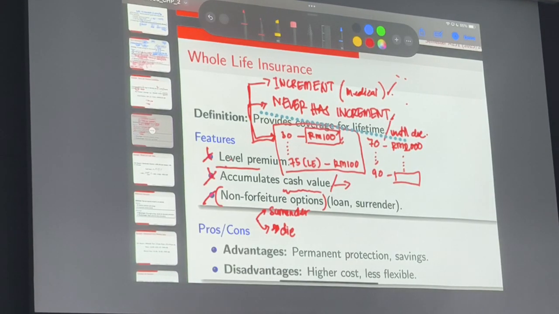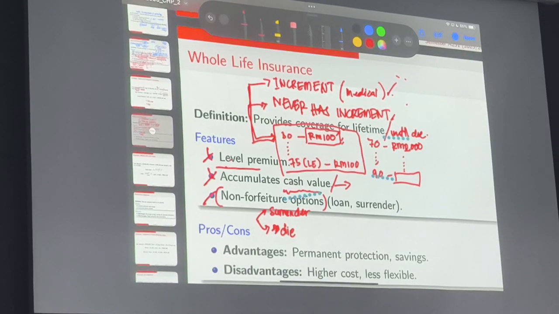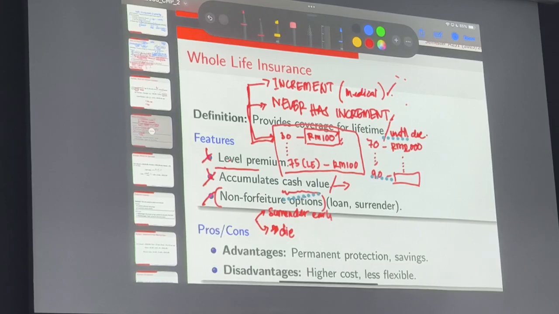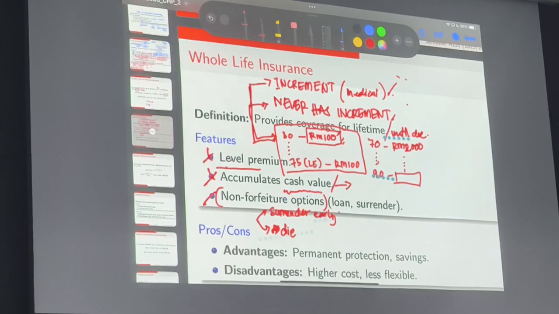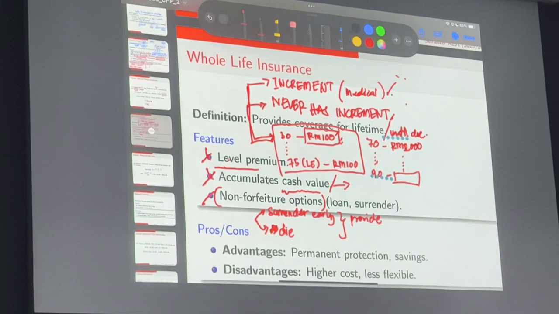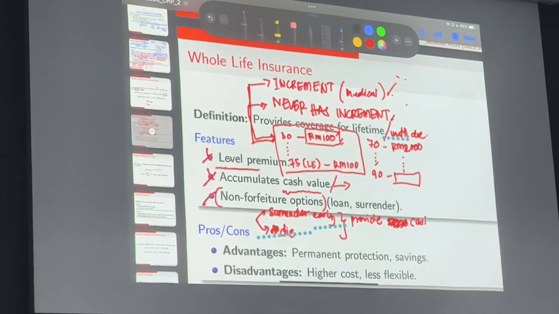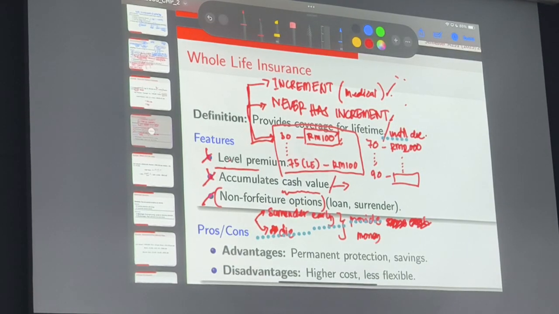Okay, we have only these two possibilities, either surrender early or we wait until we die. So both of these events will provide some cash values or provide money lah, senang cerita, akan dapat our money back.